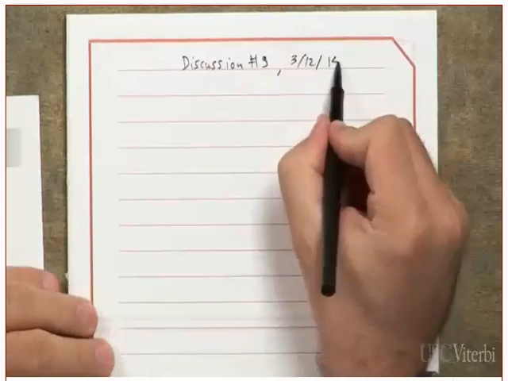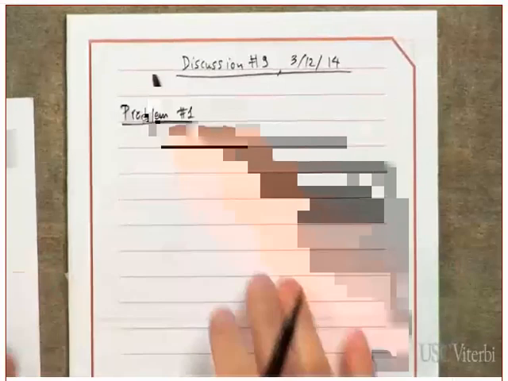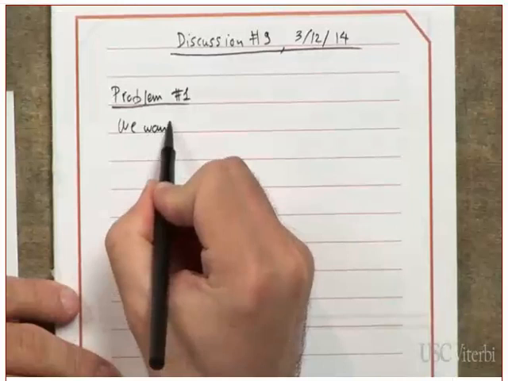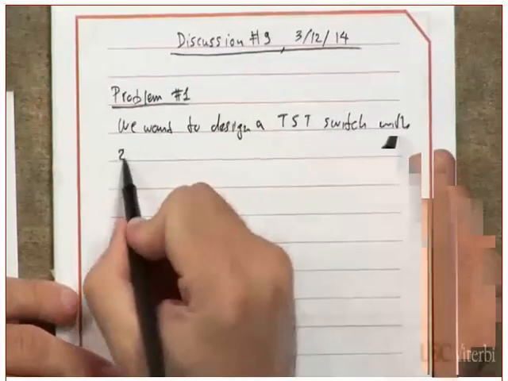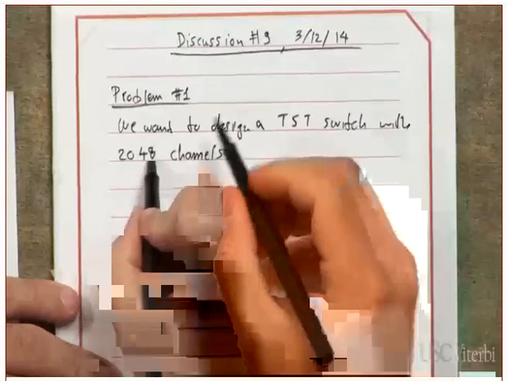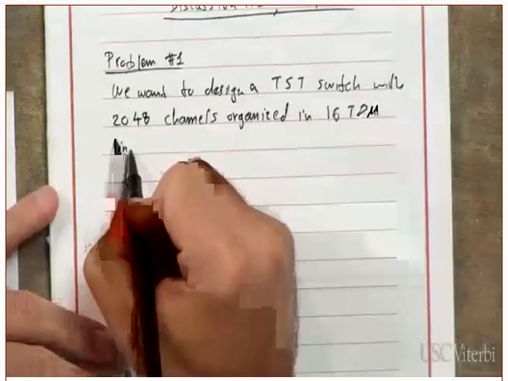And very quickly, we want to design a TST switch with 2048 channels, organized in 16 TDM lines, 8 bits long, that's given, and the probability a time switch is occupied is equal to 0.1.